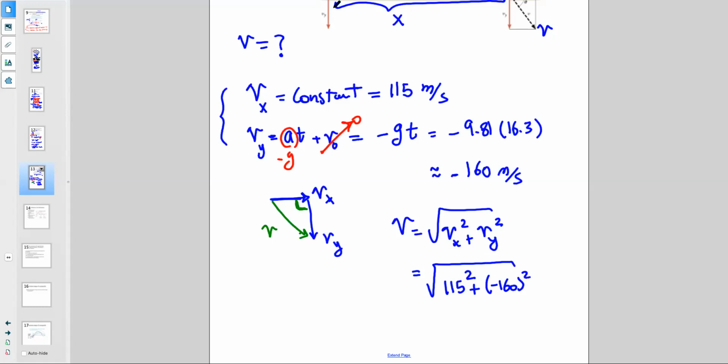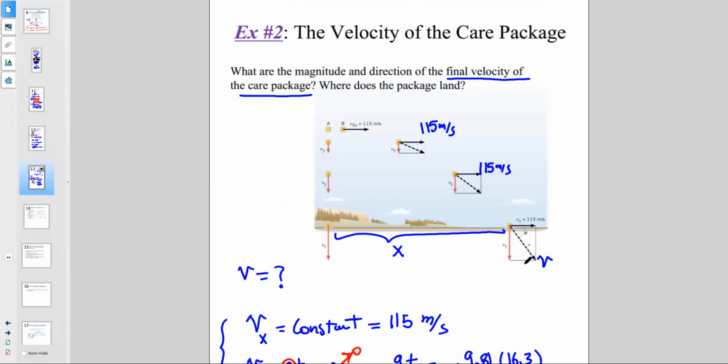They are both under the square root. Making sure that everything is under the square root, and this will be the magnitude of your final velocity, okay?